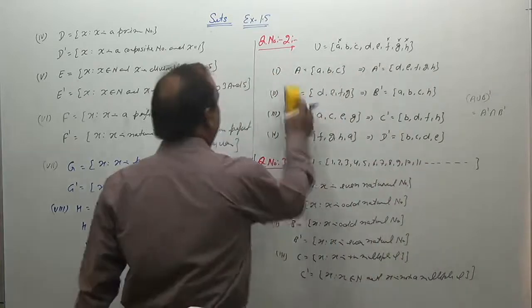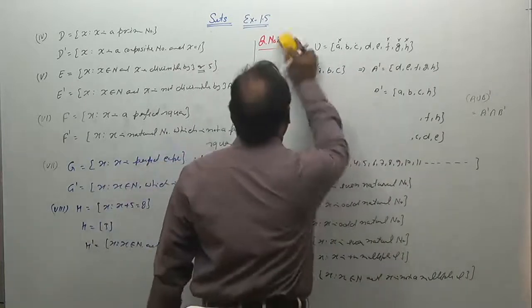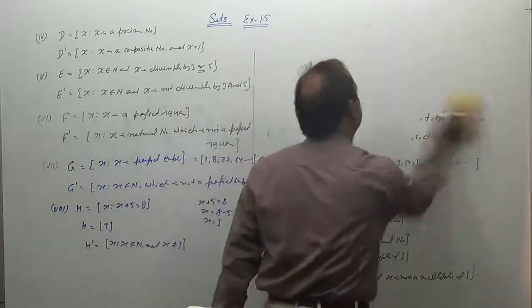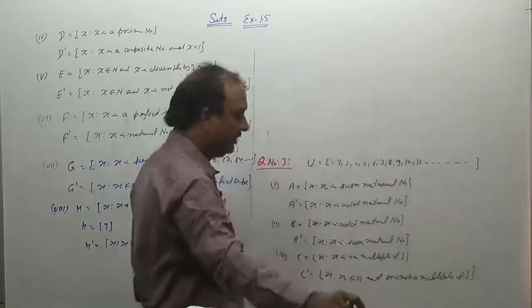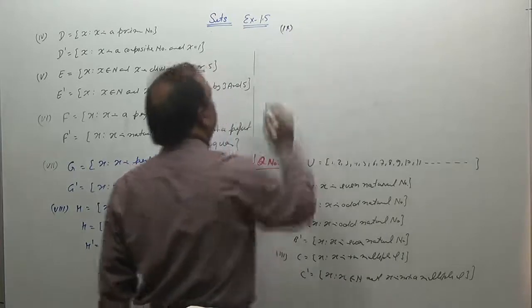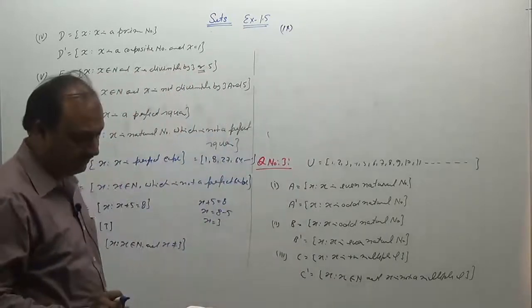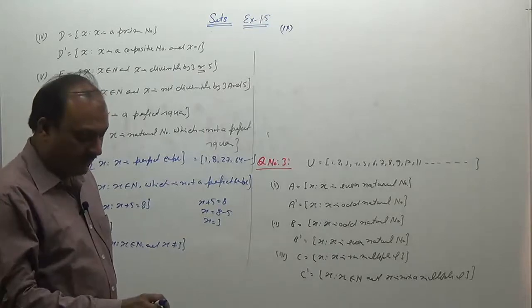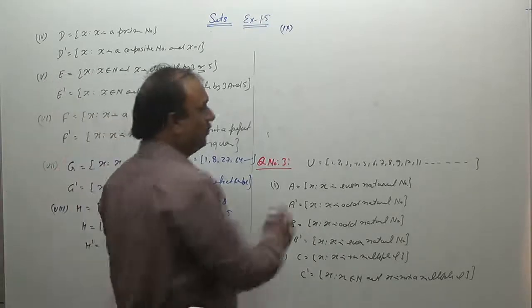Now, next part is the ninth part. Ninth is x such that 2x plus 5 is equal to 9.